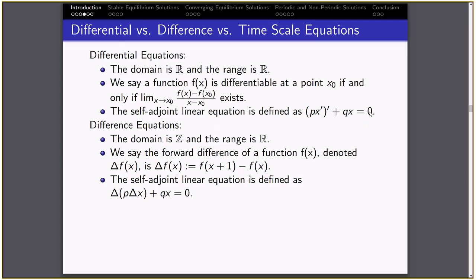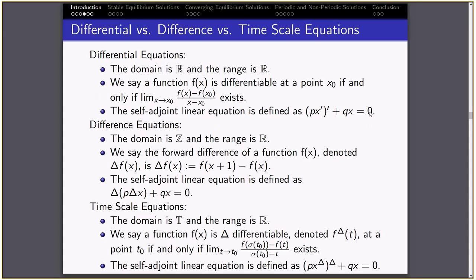What is interesting is when we consider the general timescale case, when t is any value of T. We have a delta differentiable function, which is delta differentiable if and only if that limit exists, f(σ(t)) - f(t) over σ(t) - t. And this leads us to the self-adjoint linear equation defined with the delta derivative instead of the normal derivative that we're all used to.